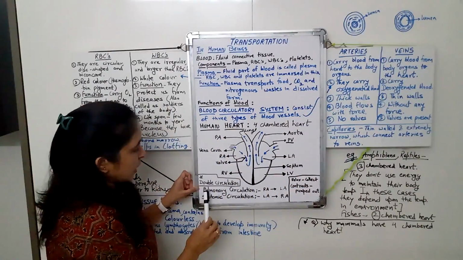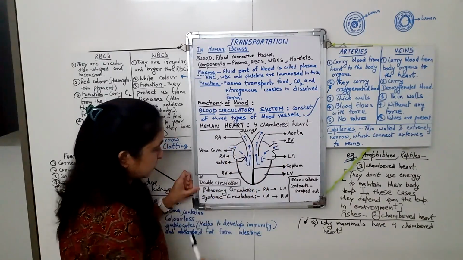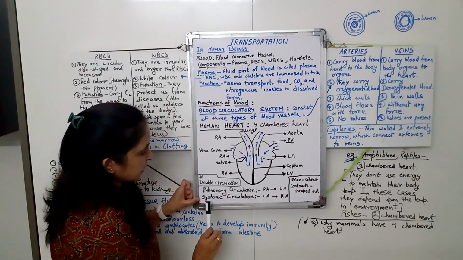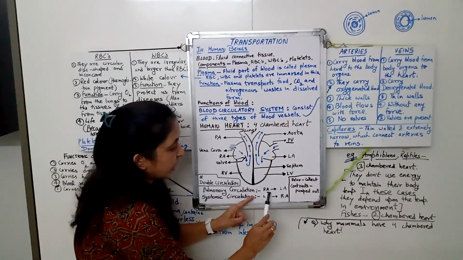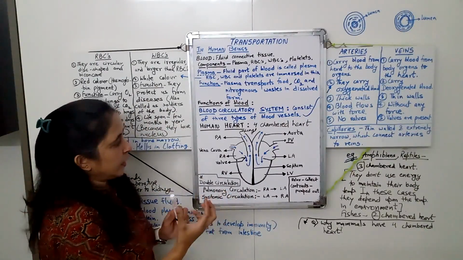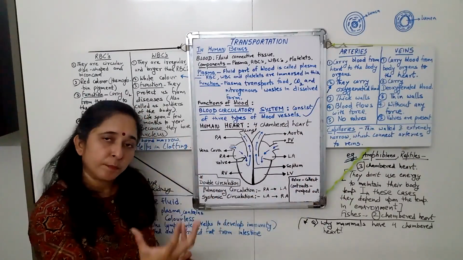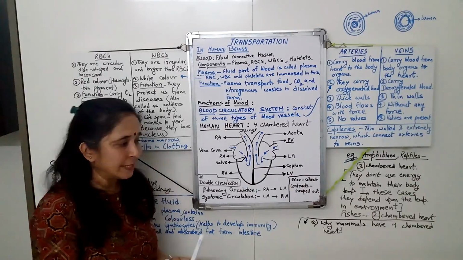Fine? Now as I said, the whole human heart blood circulatory system completes in two steps: pulmonary circulation and systemic circulation. So pulmonary circulation starts from the right atrium. Means now how will you write? See, in the exam you can write the whole circulatory system that I explained in one paragraph, by underlining the important words, or else in two steps.